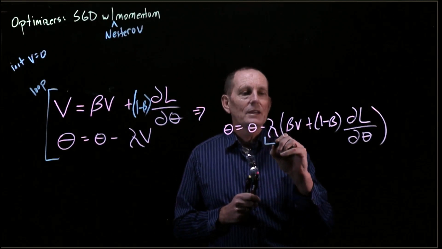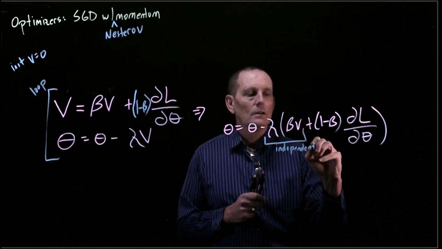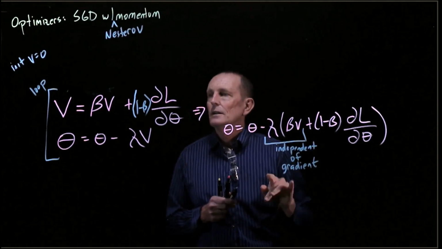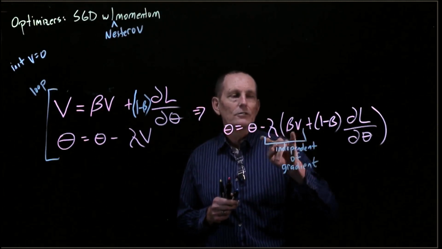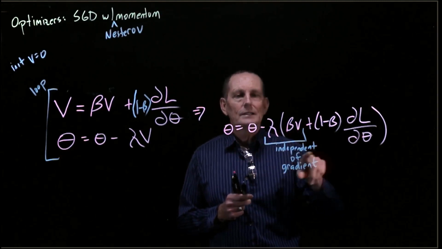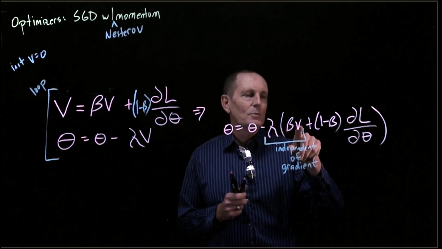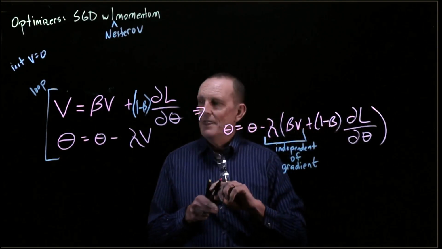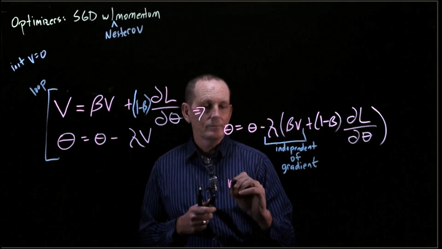One part is independent of the gradient because this is the old value of v. So we could have instead written it like this: theta equals theta minus lambda times beta v plus 1 minus beta times the partial derivative, and then we could go ahead and update v.